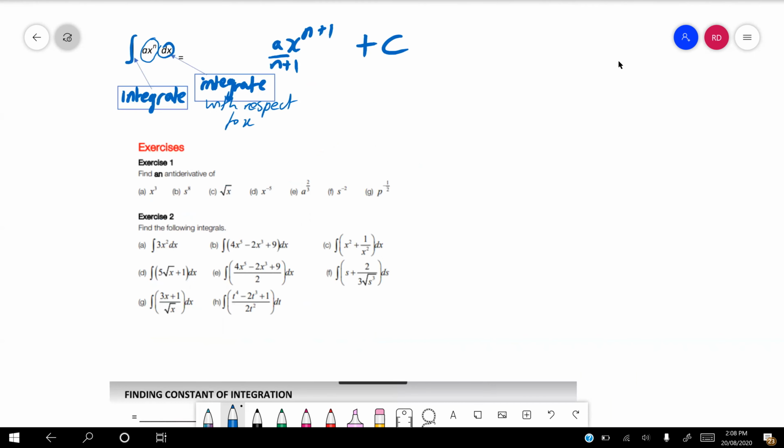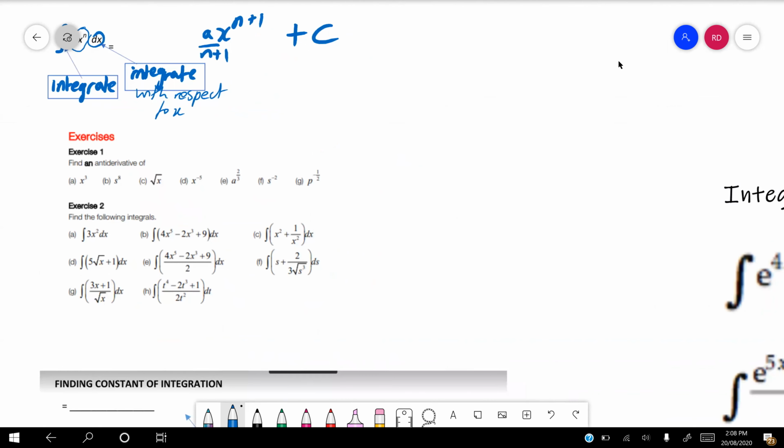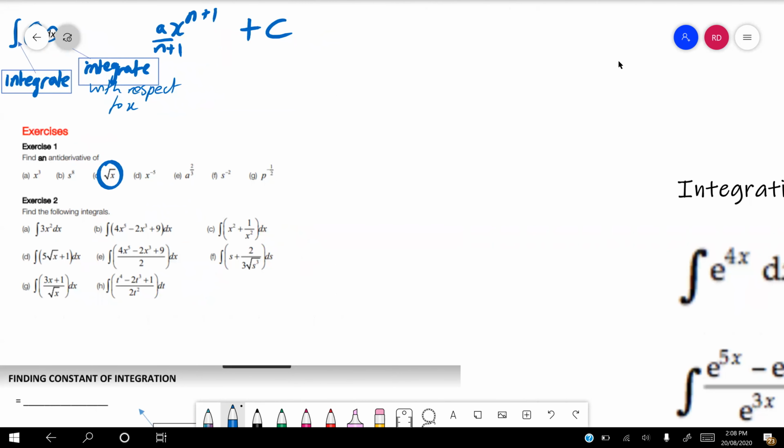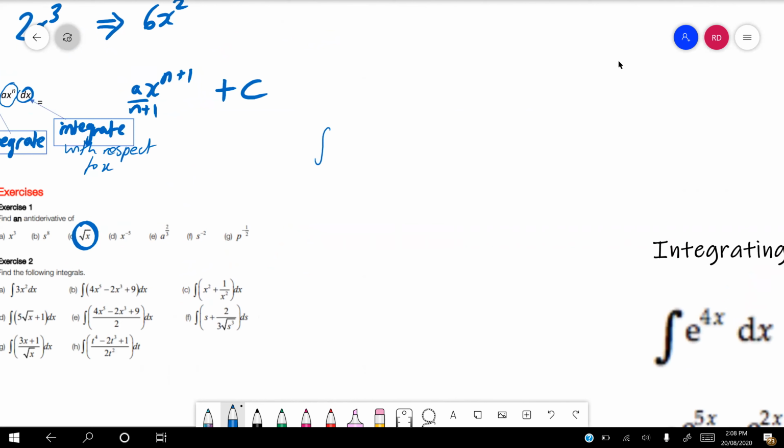So I just want to do a couple of questions so everyone is fairly familiar with this and happy. I'm going to do this one here, integrating square root of x. The first thing is you always want to write this in power form.